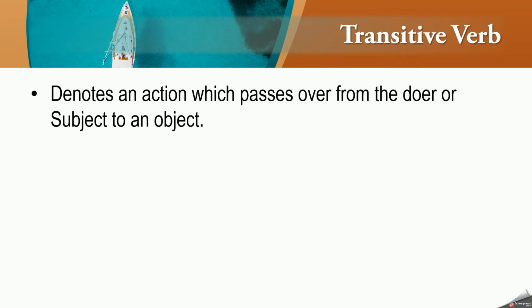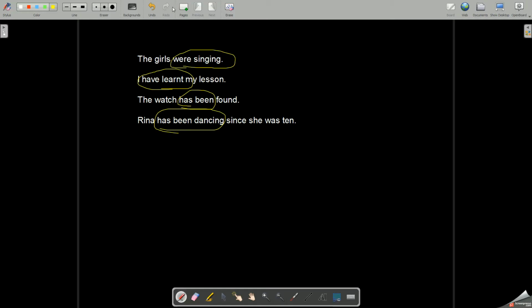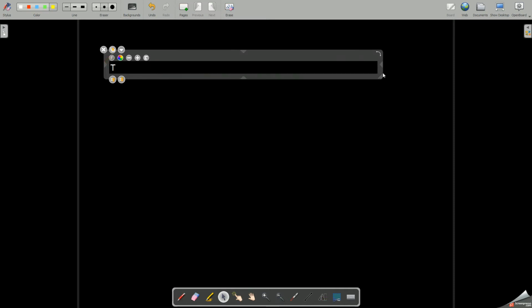A transitive verb denotes an action which passes over from the doer or subject to an object, like the boy kicks the football. I write here, the boy kicks the football.